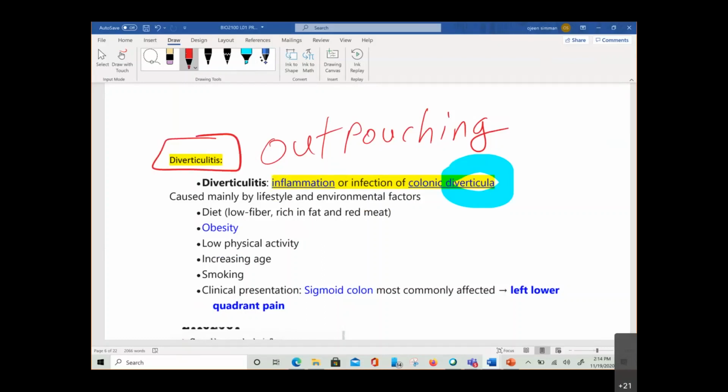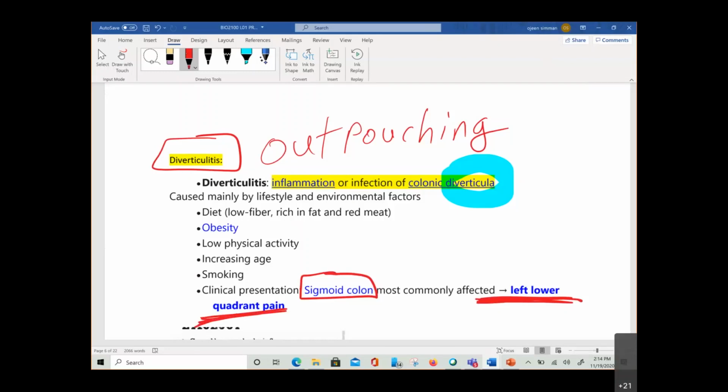Which part of the colon, remember the colon is the large intestine, is most commonly implicated? It's going to be the sigmoid colon. Remember, the sigmoid colon is on the left side, which is why patients almost always present with left lower quadrant pain.